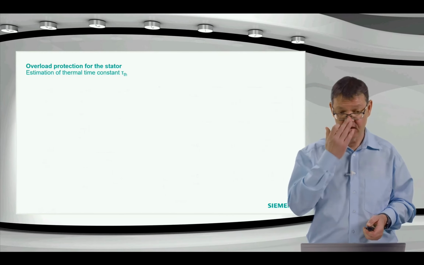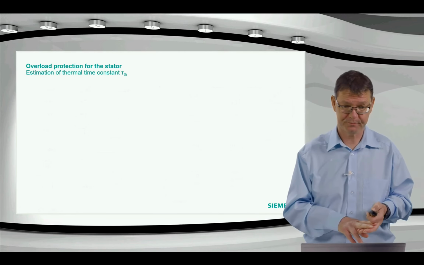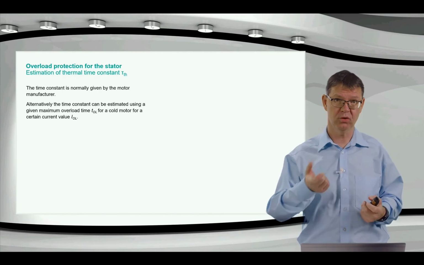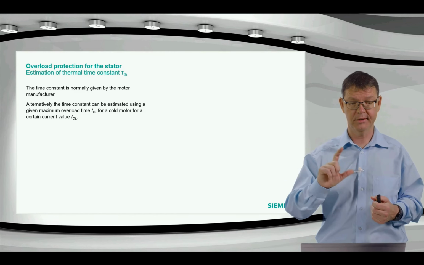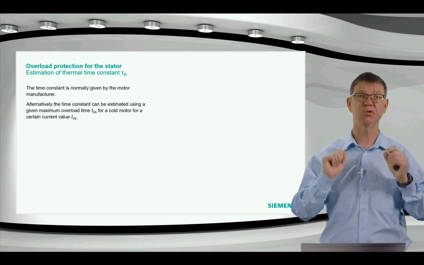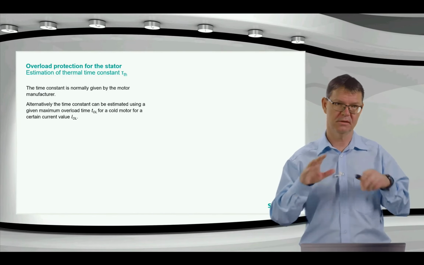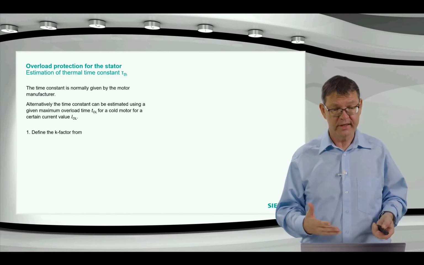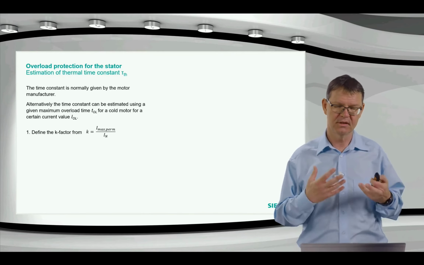Good. We can estimate the time constant. Normally you get it from the motor manufacturer. If not, then you might get maybe one pair of values as overload current and the maximum time you can put in the overload current if the motor is cold, so if it stands still and has the ambient temperature. The K factor, again, we need that setting or this information.